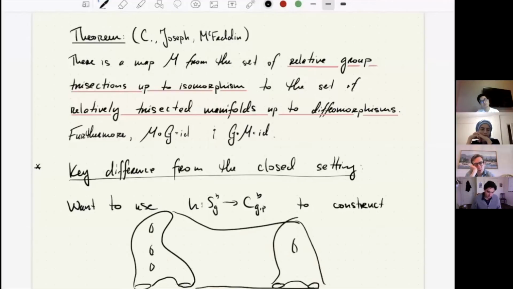Right? But we also want to do it so that whenever we include our trisection surface into this compression body, so let's call this compression body big C, if we include it into C, we must induce the map H on pi1.